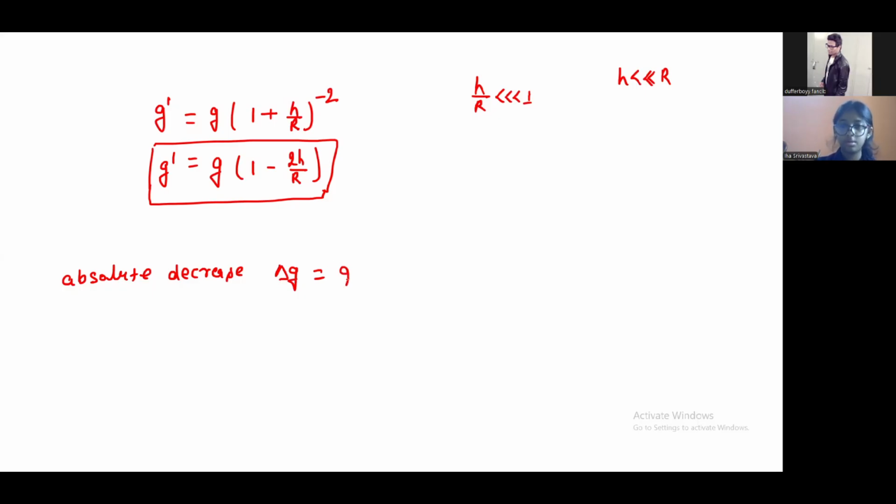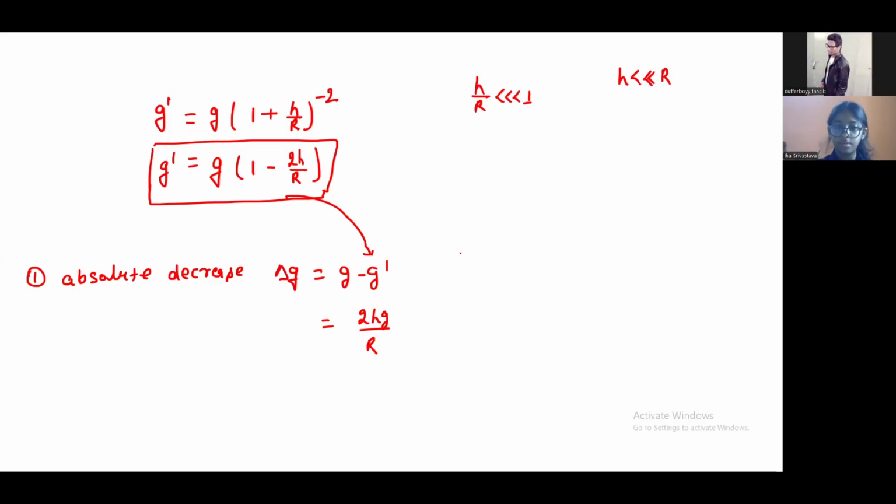So g minus g dash, final minus initial. When we put the value of g dash here, we get directly 2hg by R. This is called the absolute decrease.